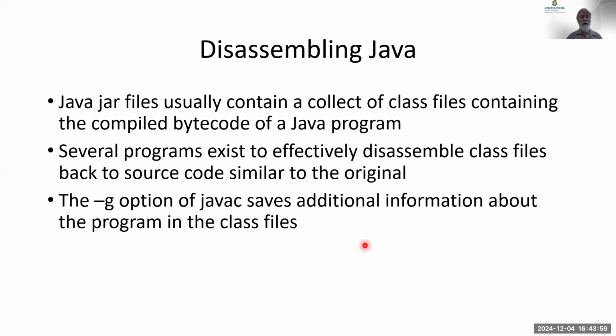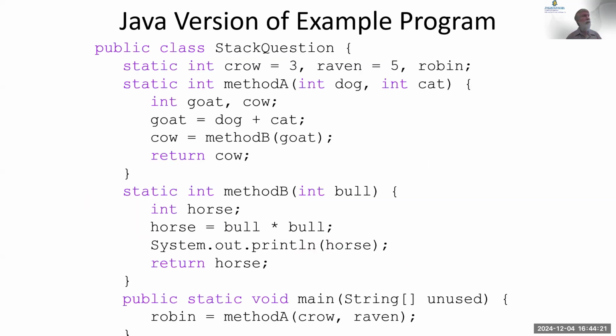But you can reverse engineer these. You can take a jar file, which is a collection of object code such as class files, and convert that back into source code. Again, if you use the option that saves the debugging information, it will save the variable names and everything. Some of the programs are very good. I tried a couple of them.